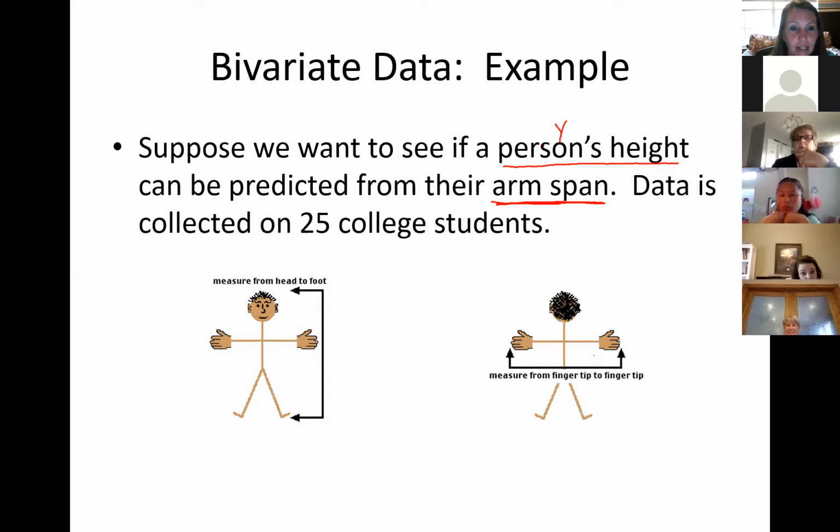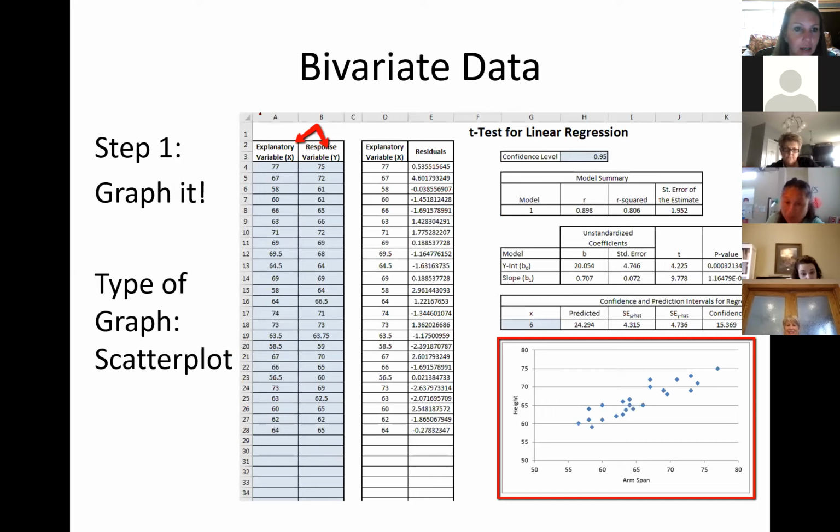So person's height is going to be Y, and then their arm span is going to be X. So it says person's height is being predicted, okay, and it's being predicted from their arm span. So what we're using to predict is the X, and what we're predicting is the Y. So here's the data entered into our Excel spreadsheet here, the X and the Y value, and when we do that, then we get the lovely scatter plot over here down in the corner.